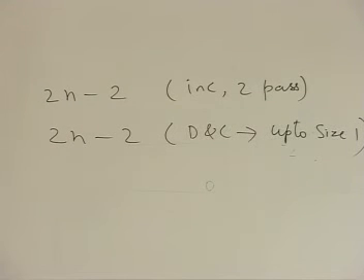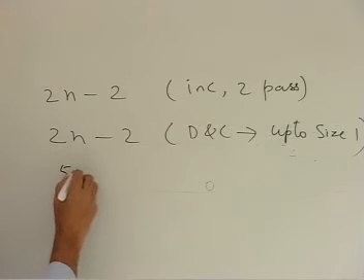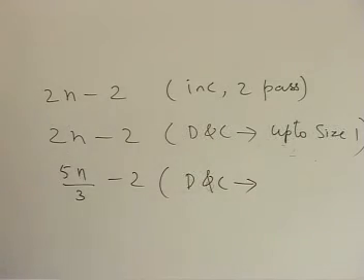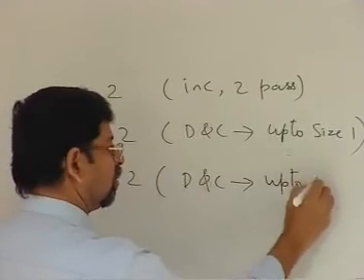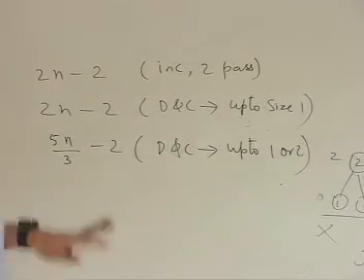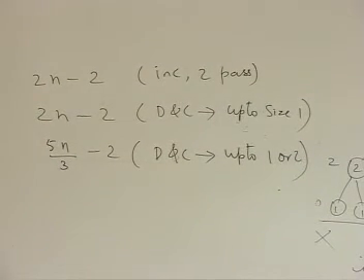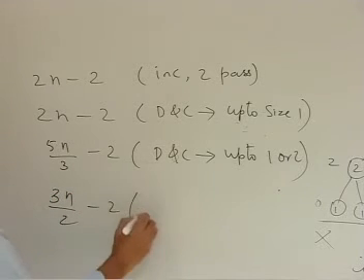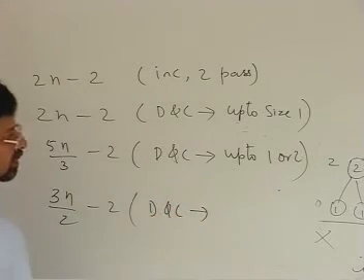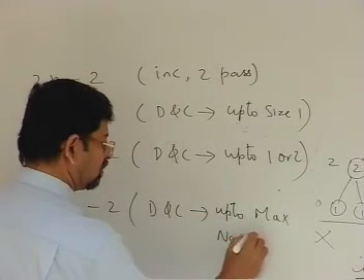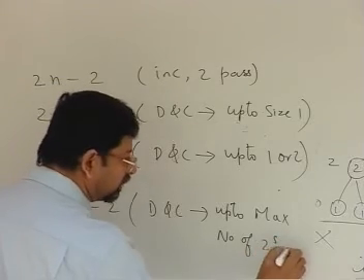Then I could get 5n by 3 minus 2, this is divide and conquer, which goes down up to 1 or 2. And if you can maximize the 2s, that is 3n by 2 minus 2, this also divide and conquer, up to the maximum number of 2s and probably a 1.